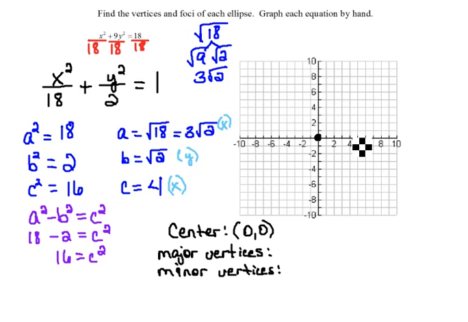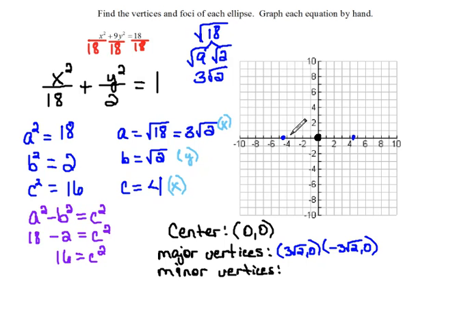So for my graphing purposes, I'm just going to put it right there and right about here. Now, to get to those points, we had to go out 3 square roots of 2 and up and down nothing. So oops, don't want to put a comma there. 3 square roots of 2, comma 0, and negative 3 square roots of 2, comma 0 to get to the other side.